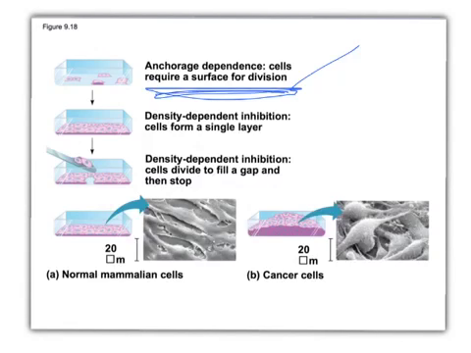Okay? And they also exhibit something else in culture called density dependent inhibition. Right? So they'll grow out to a certain point, and then they run out of space. Right? So here you see all the cells are occupying all the available space. They're touching another cell. Most of the cells in your body are touching another cell, right?